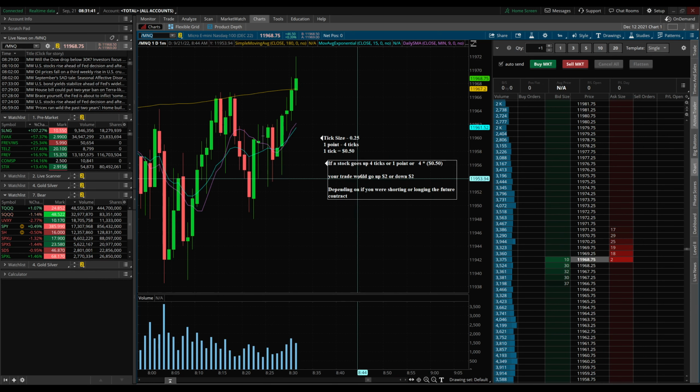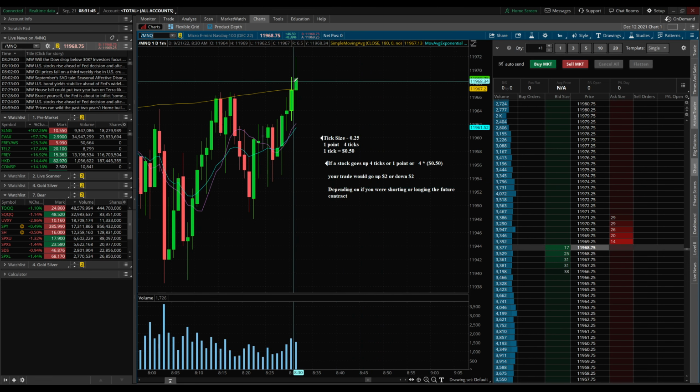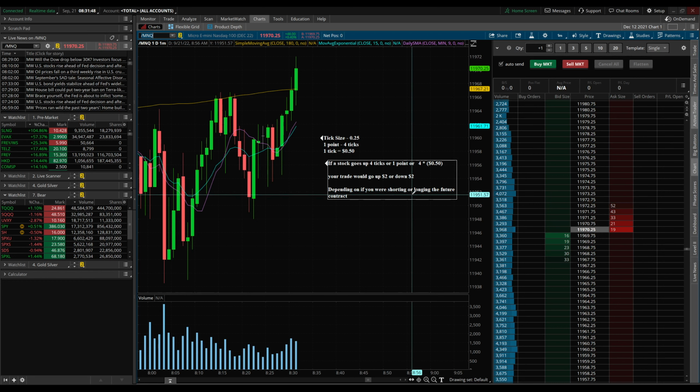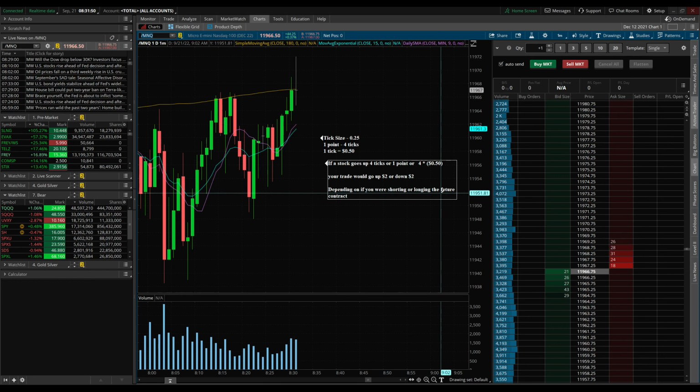Your trade will go up or down by $2 for every 1 point it moves, depending on if you are shorting or longing the futures contract.